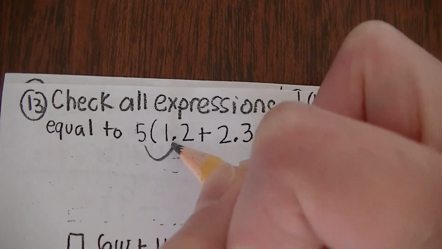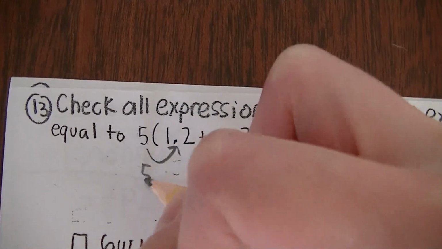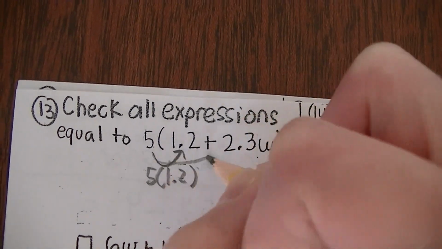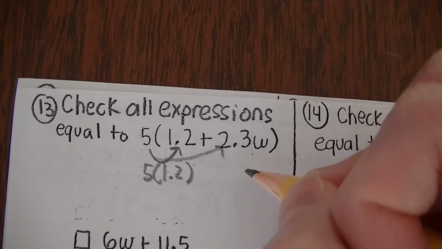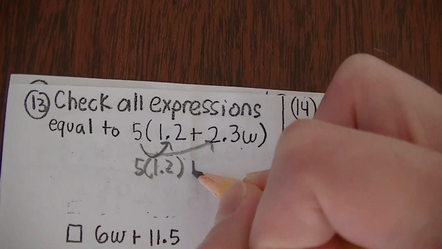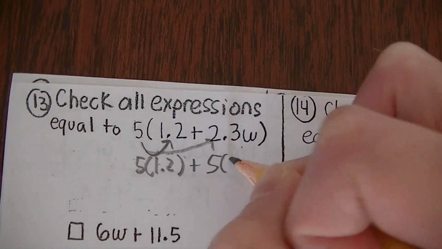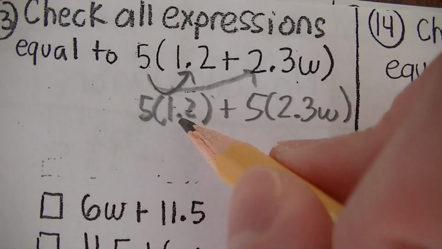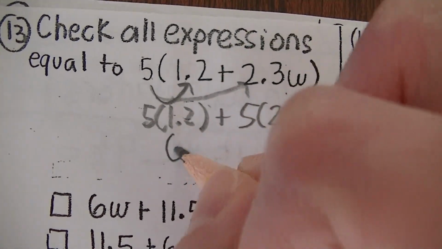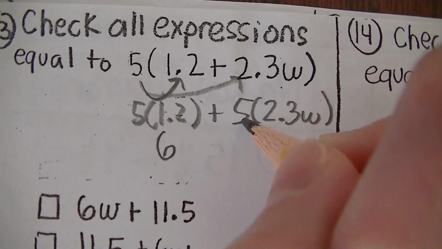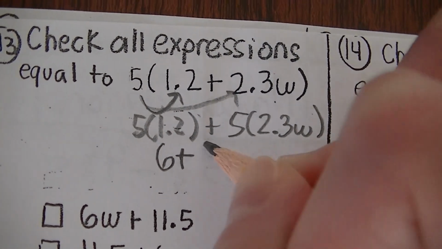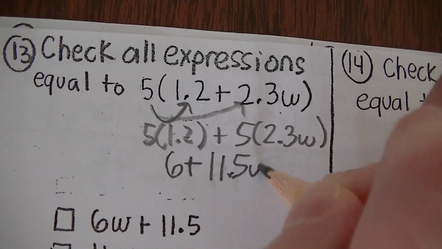You should go 5 times 1 2/10, and then 5 times 2 3/10 W. Okay, so 5 times 1 2/10, that's 6, plus 5 times 2 3/10 W is 11 5/10 W.